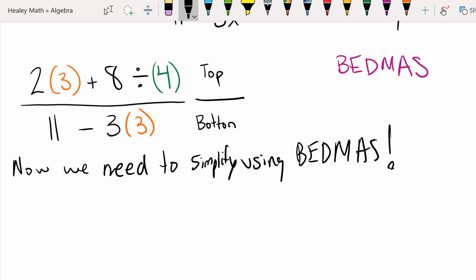So let's do so. On top we have 2 times 3 plus 8 divided by 4. 2 times 3 is 6. 8 divided by 4 is 2. On the bottom we have 11 minus 9.